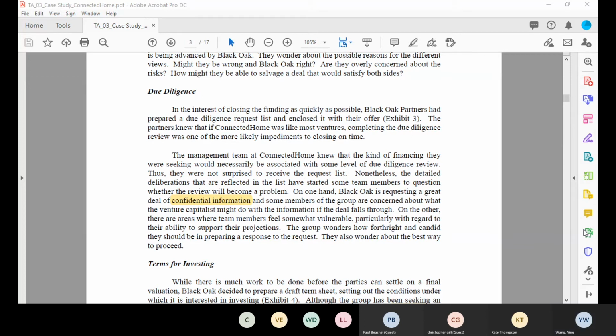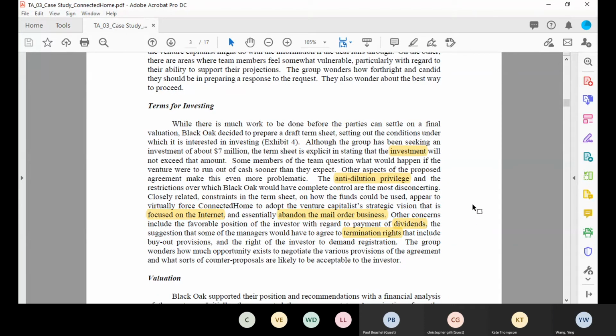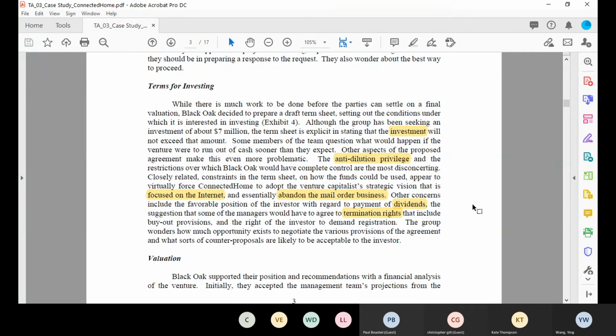We need to feel that these are the right investors, not just because they've got money, but we also need to do background checking to see how different they are.